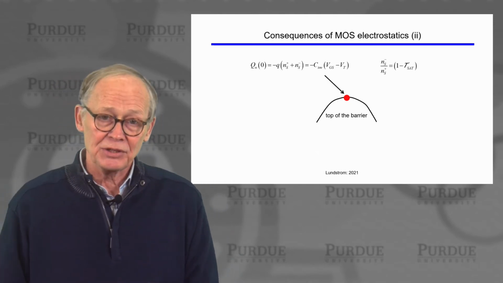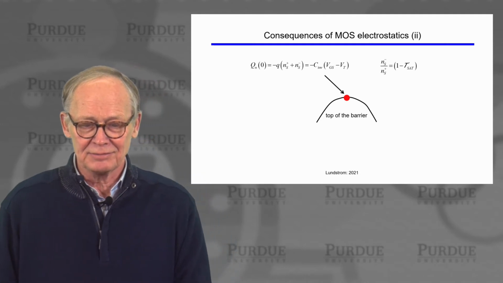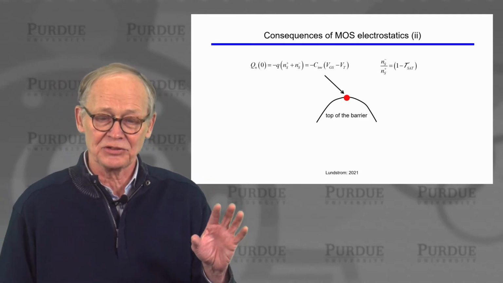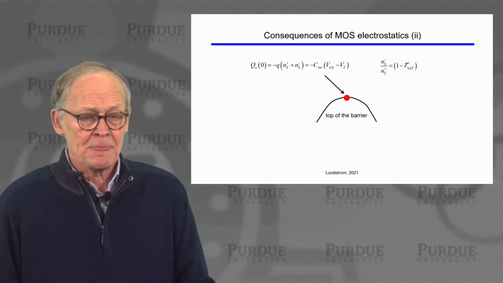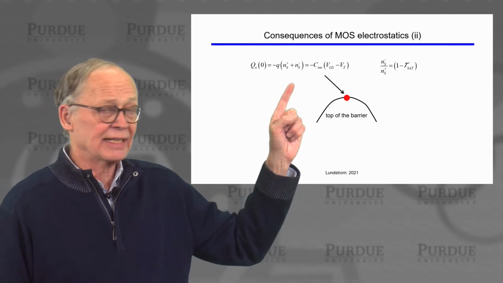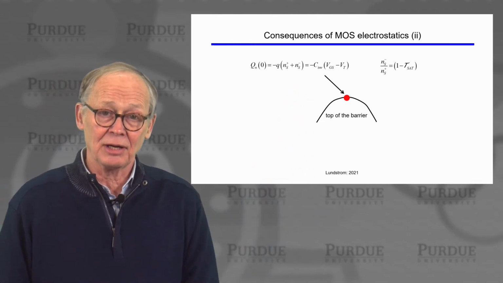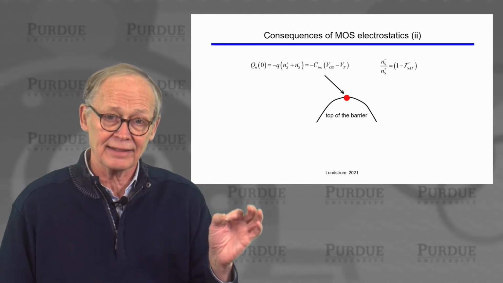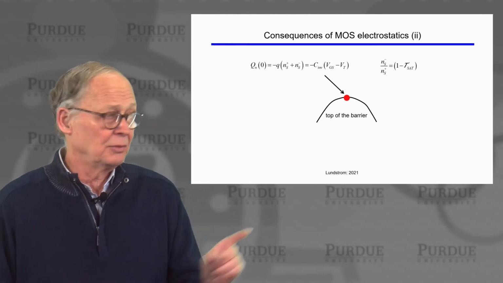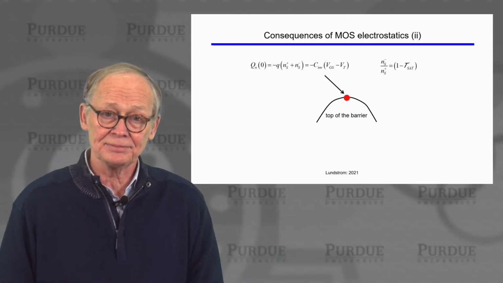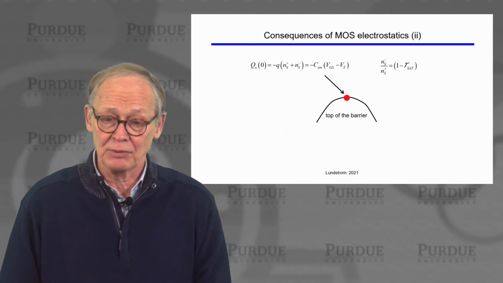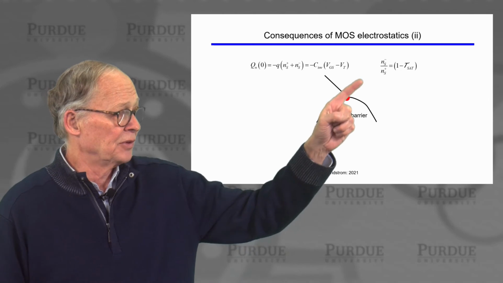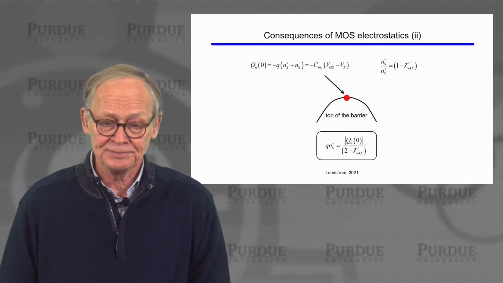Okay, so now we can return to our problem of deducing what the saturated current is. MOS electrostatics requires that the sum of the positive directed electrons and the electrons with negative velocities is always the same, maintained by the gate voltage, and we've just figured out what their ratio is.